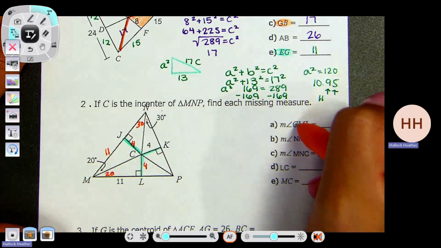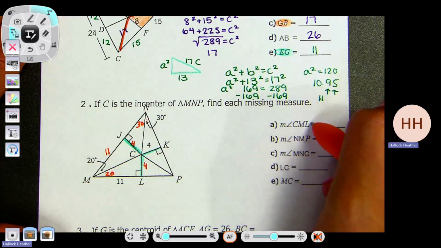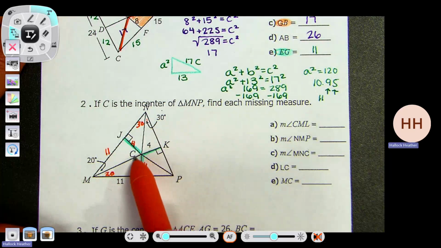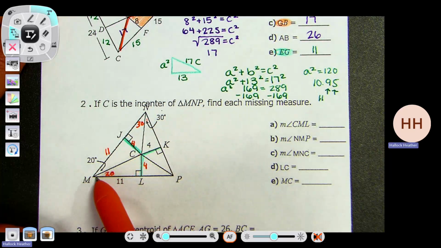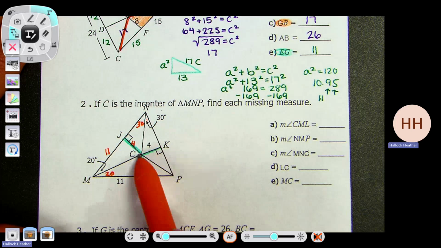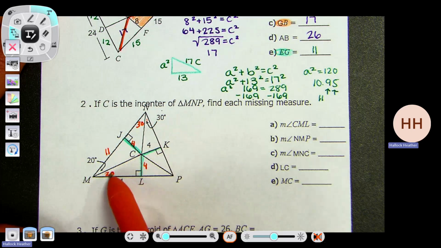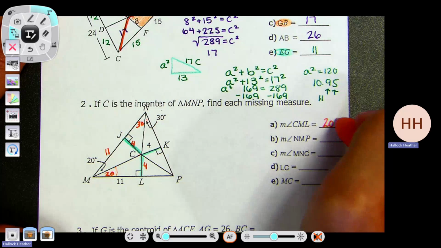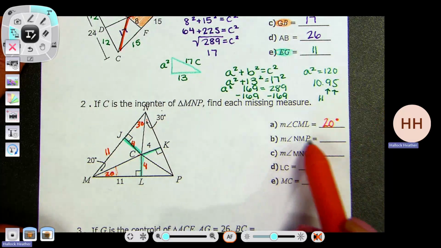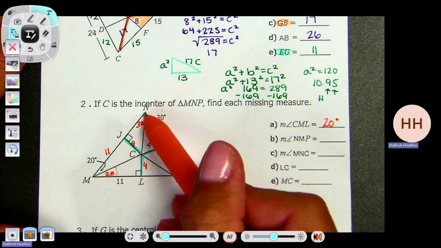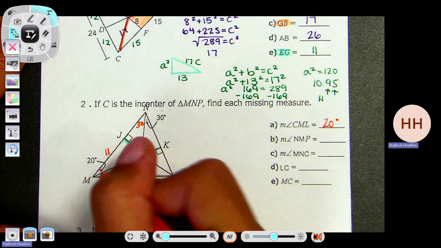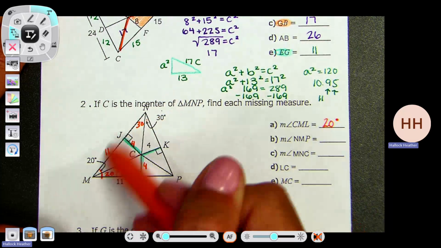So the measure of angle CML. If I start at C, going to M, and I'm ending at L, that's CML, the small angle. So 20 degrees. NMP, N to M to P is the whole thing because it's the outside letters.